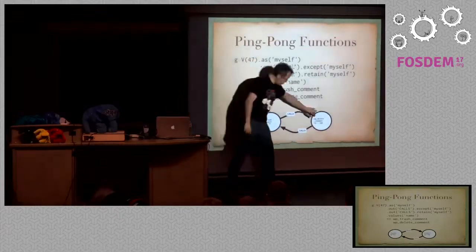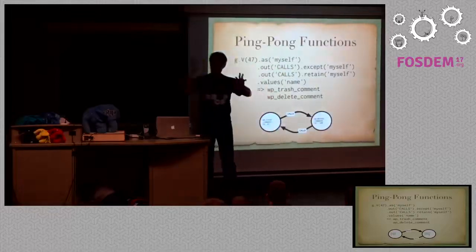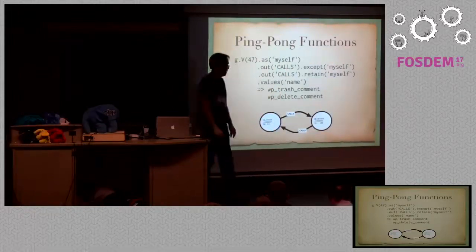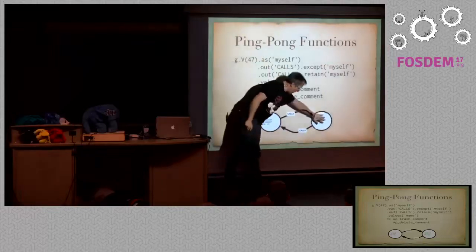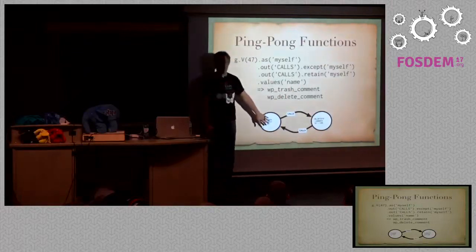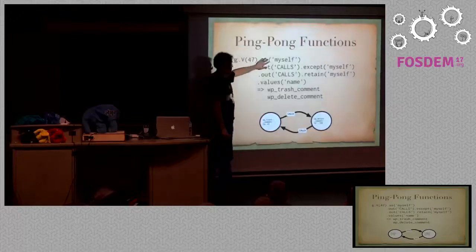So what we want to do, we start somewhere, we call, and we don't want a recursive function. A ping-pong function is two functions that are sending each other probably the same value. Hopefully not the same, but they are calling each other. Hopefully they will stop at some point, right? But we want the first one not to be himself, and on the way back, we want it to be the same. So the first one, we start with 47.